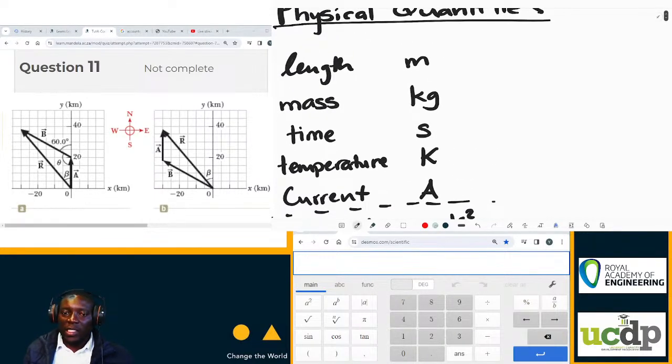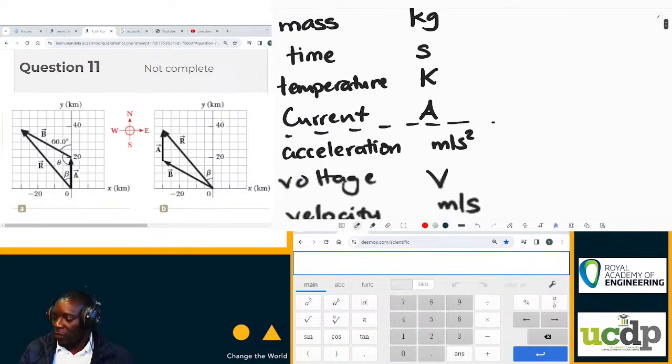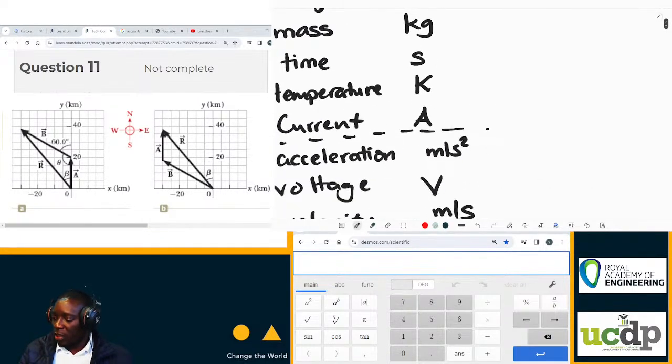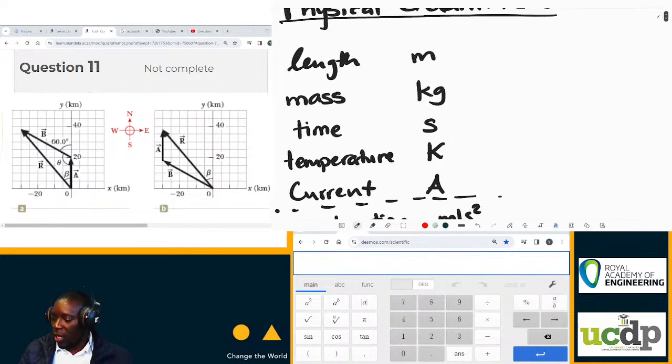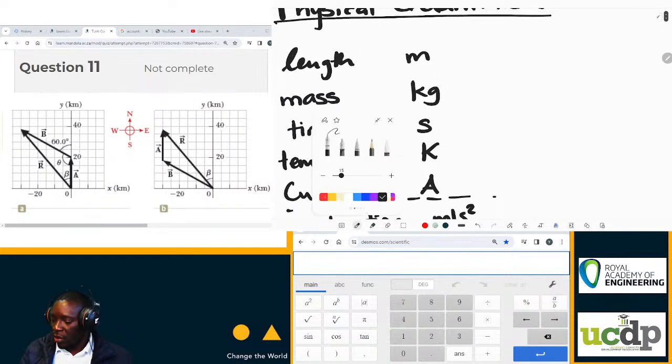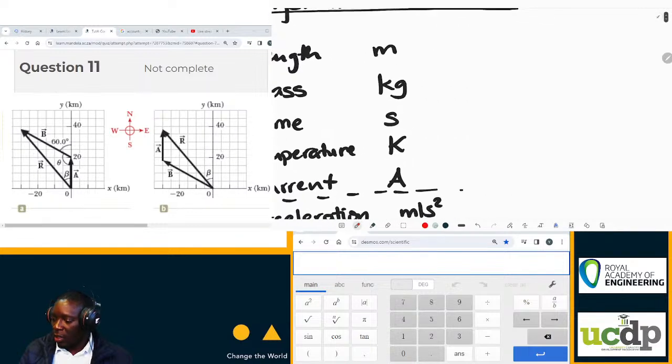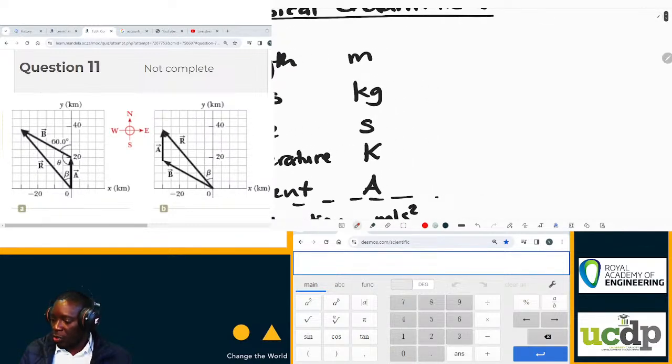So when we're saying a vector is a quantity that is fully described by both magnitude and direction, we're looking at any of these quantities which have a direction component. Length is just too broad.